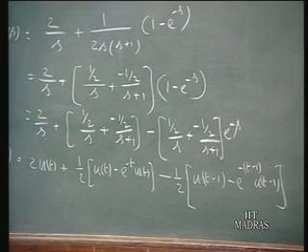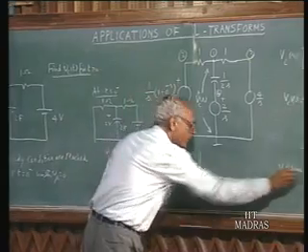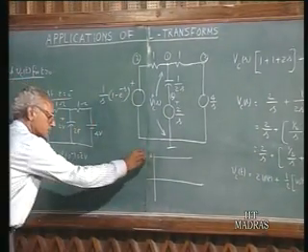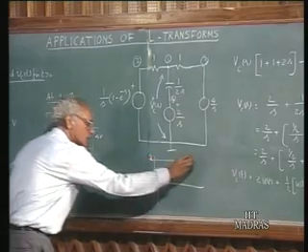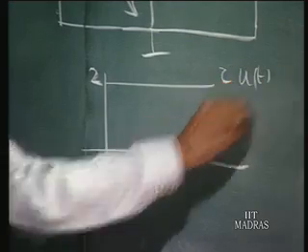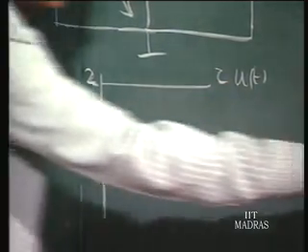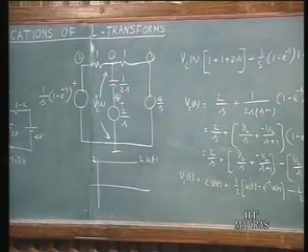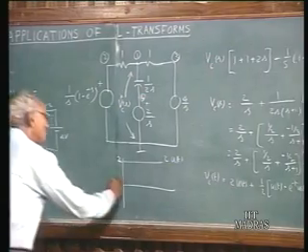You can sketch this Vc(t). The 2u(t) will be a step function like this. This is 2 times u(t), and this is half of u(t) minus e^(−t)u(t). It starts at 0 and exponentially climbs to a value equal to half.